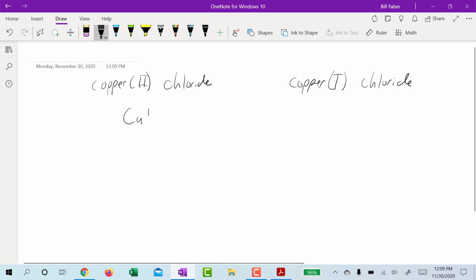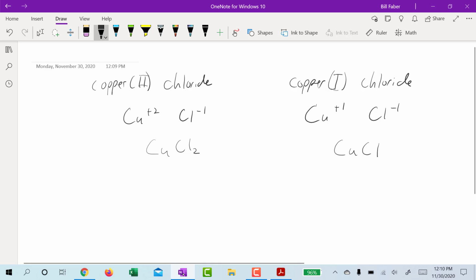Copper in this case is +2, chloride's always -1. In this case, copper is +1 and chloride's -1. So when you bring these together, this is CuCl2 and this is just CuCl.